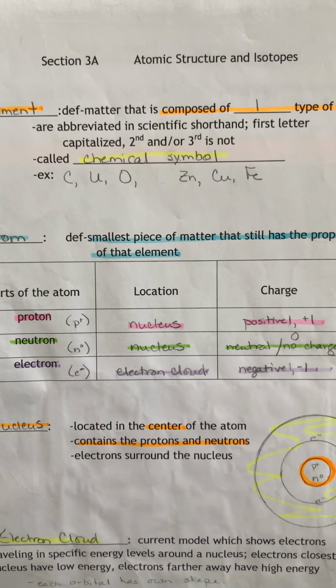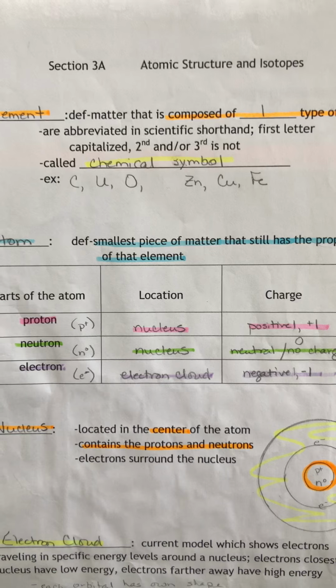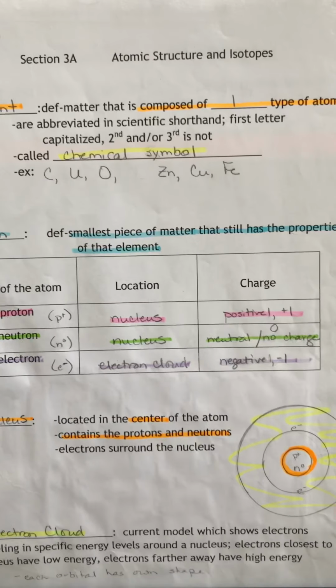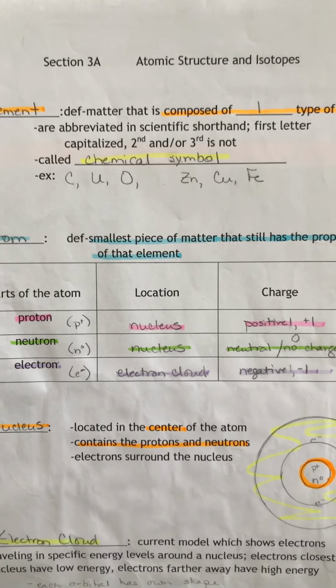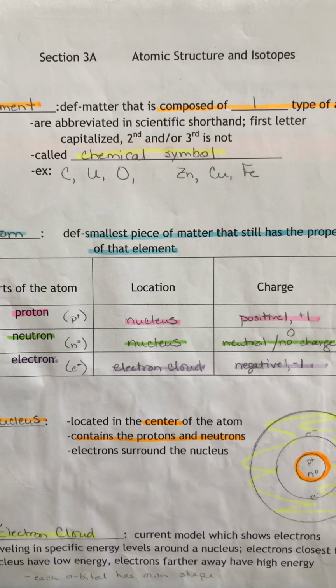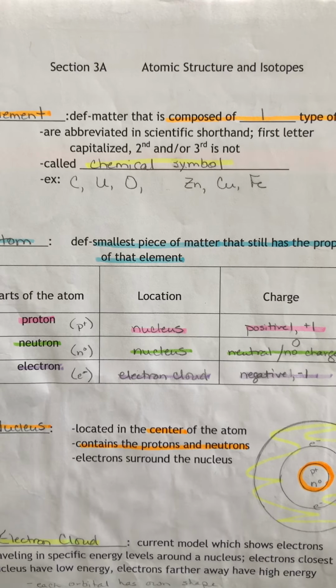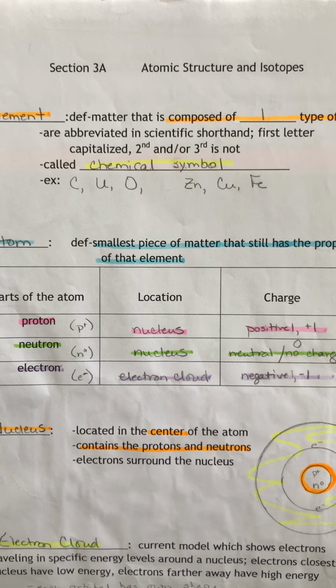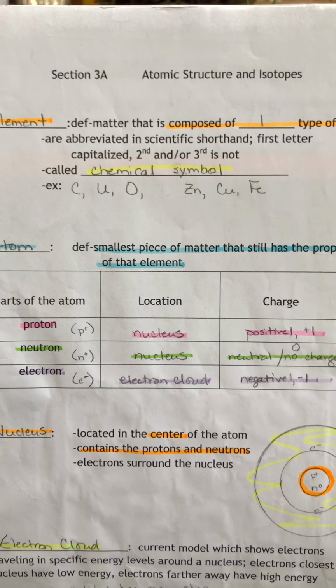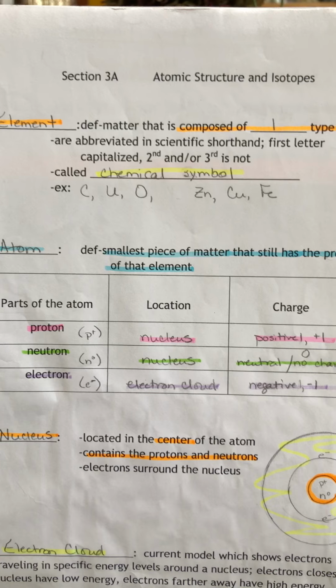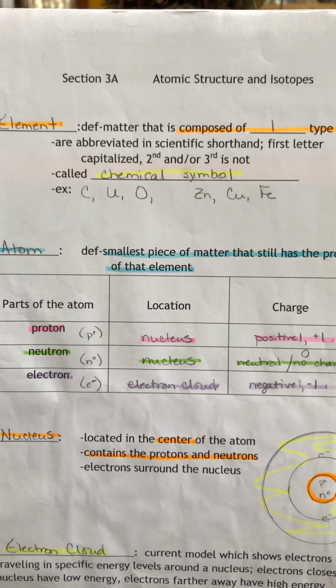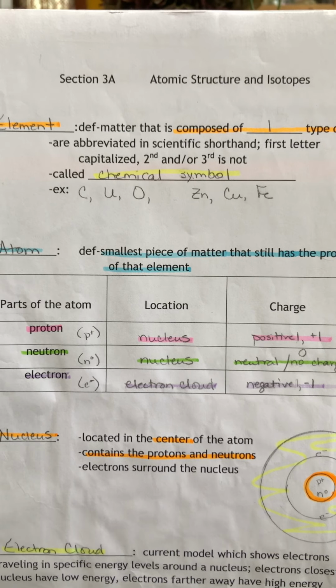Elements, remember, is matter that is composed of one type of atom. It is a pure substance. It's abbreviated in a scientific shorthand that we call its chemical symbol. The first letter of that symbol is always capitalized.